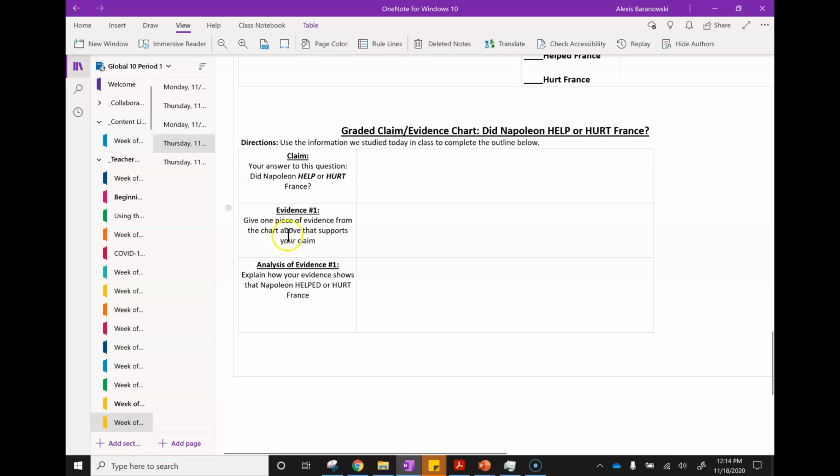For evidence number 1, you're going to give one piece of evidence from the chart above that supports your claim. So go back into the chart and find something that shows your claim. So if you picked helped, find something that shows Napoleon helped France and put that evidence in the box there. If you picked hurt, you're going to do the same thing. Then the next box, the last part, is the analysis of the evidence. So you want to explain, how does your evidence show that Napoleon helped or hurt France?